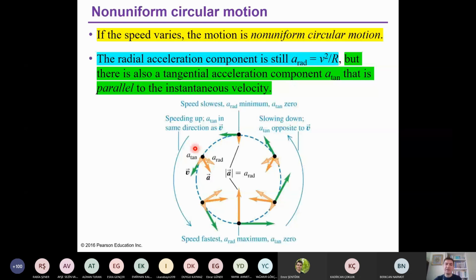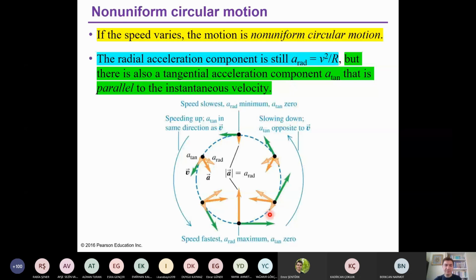Due to this a radial, the direction of the velocity changes on the circular path. Due to this a tangential, the car is speeding up, okay? And here, look at this one. The car has maximum speed here, and then it is slowing down. Here, the car's speed is slowing down.